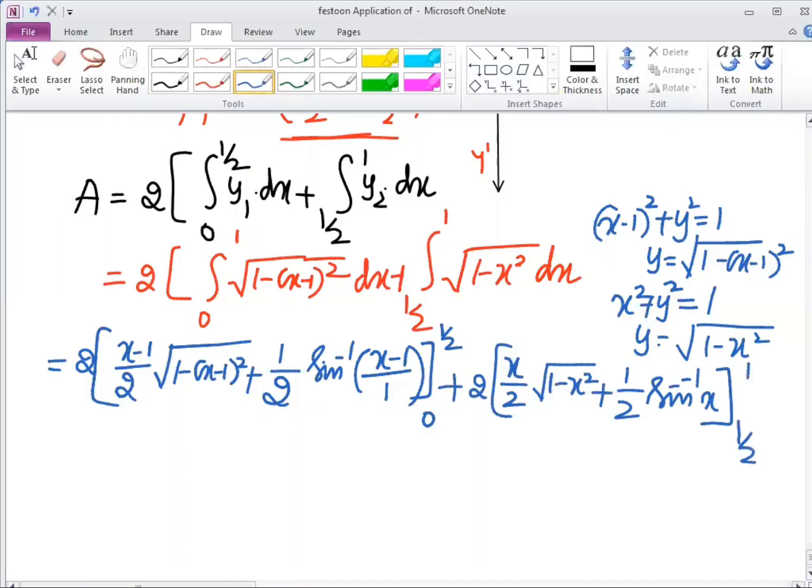In the integration chapter you have learned this already. This is 0 to half, that is half to 1. Don't be confused.